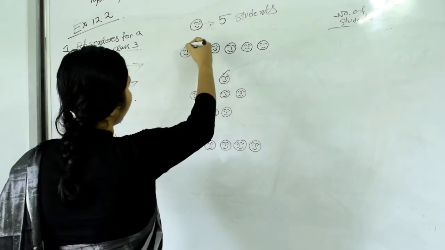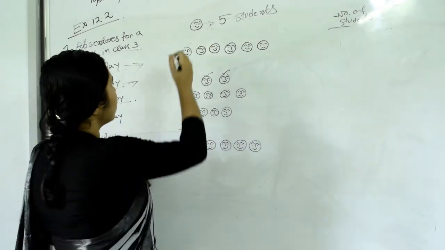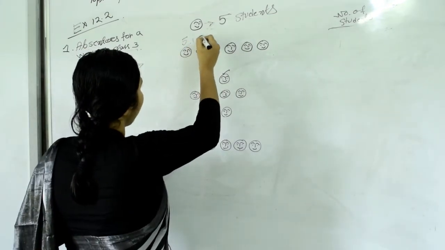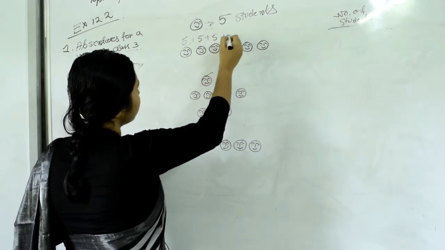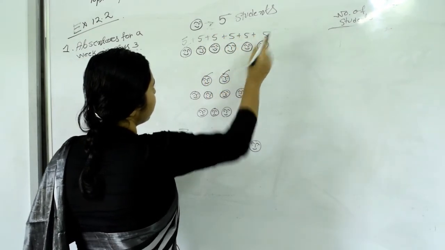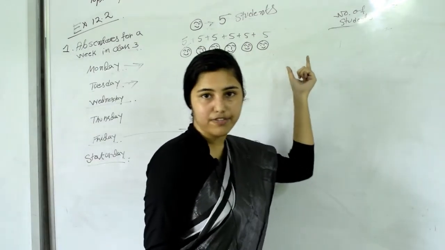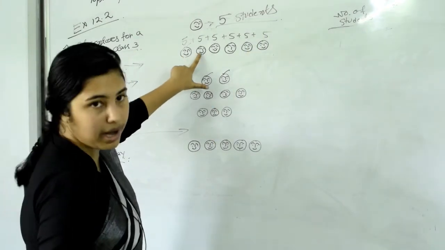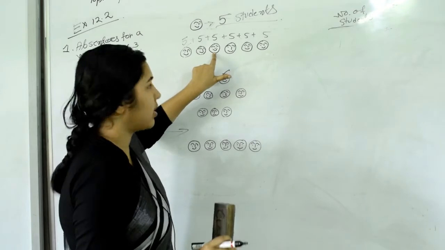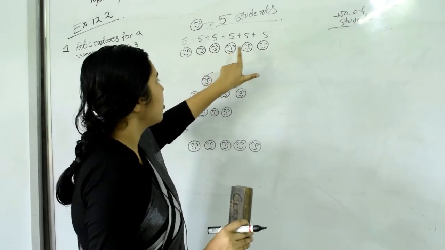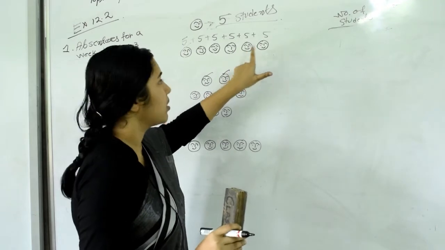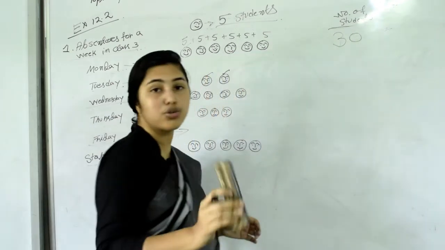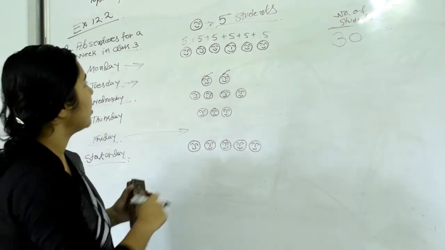So here for the first one there are 5 students. Okay. Next one 5 plus 5 plus 5, because each smiley face represents 5 students, which means 5 plus 5 is 10, 10 plus 5 is 15, 15 plus 5 is 20, 20 plus 5 is 25, plus 5 is 30, which means 30 students are absent on Monday.